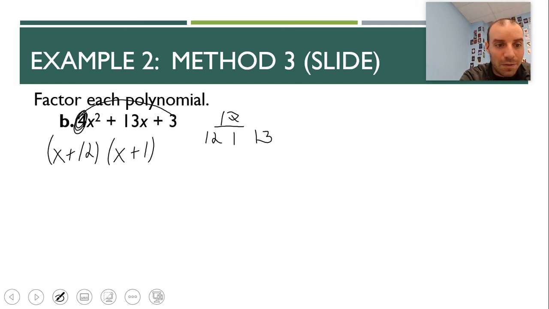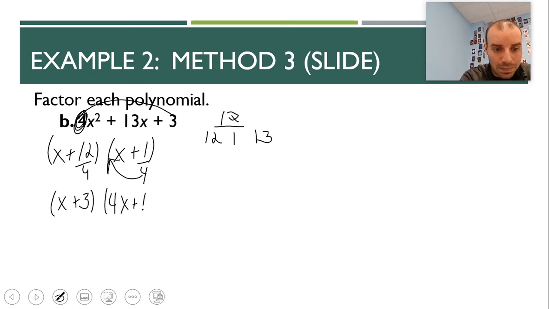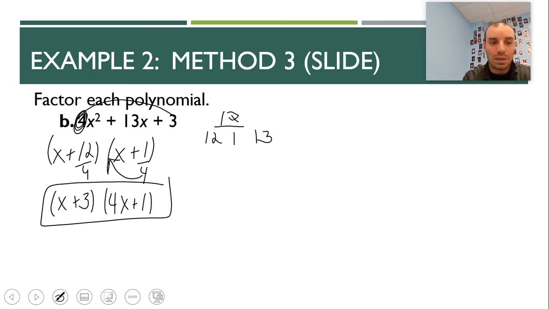But I have an a term here of 4, so I have to divide by that a term. 12 over 4 becomes x plus 3, because 12 divided by 4. Here, can't reduce it, so I slide that 4 in front, and I get 4x plus 1. And again, we did this using another technique earlier, and we got the same exact answer.